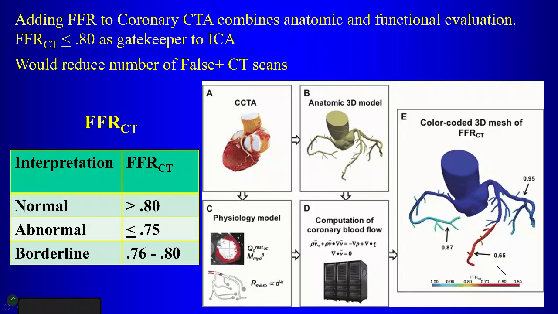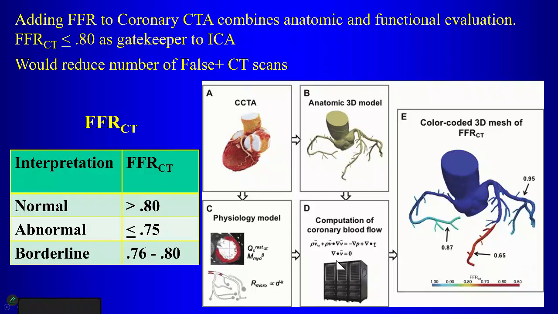And then the data comes back to you in terms of this color-coded analysis. Obviously, red is bad, okay? It gives you an idea of what the fractional flow reserve is within these coronary arteries.